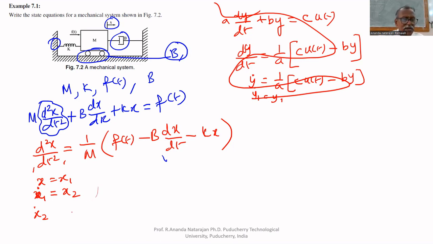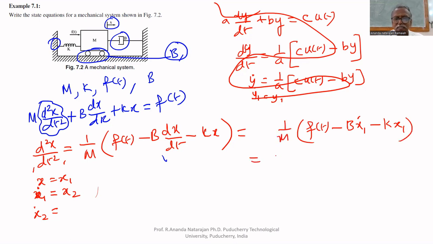Another differential equation I am writing, x2 dot equal to, do I have to write x3? No, because x2 dot we already know. We will replace x by x1, kx1 minus b dx by dt, which is x1 dot, bx1 dot, and f of t multiplied by 1 by m.